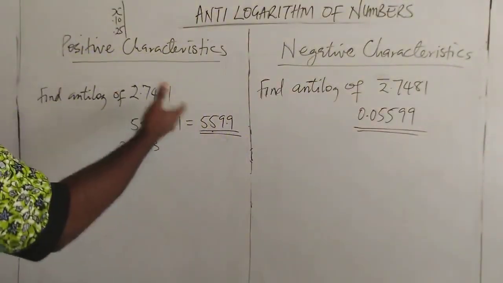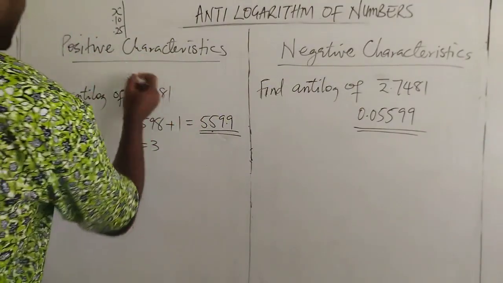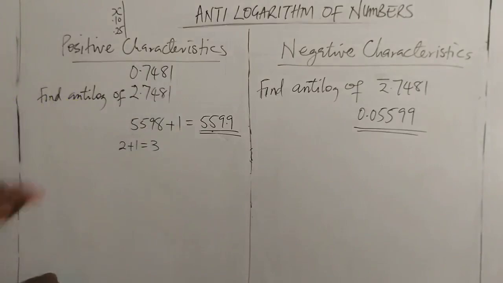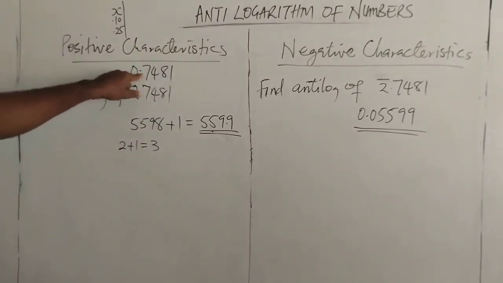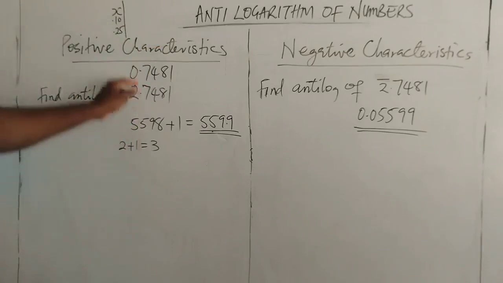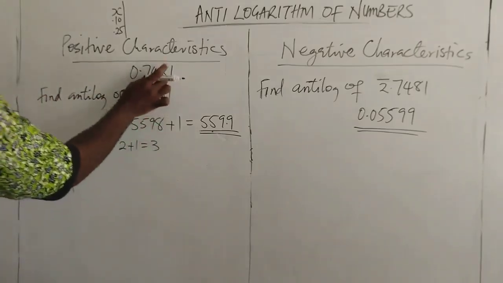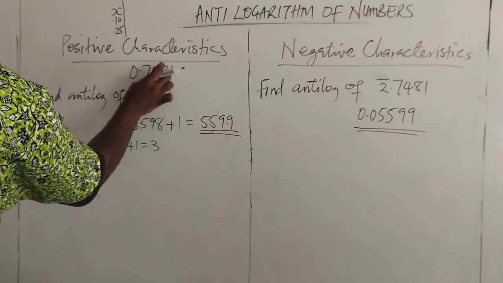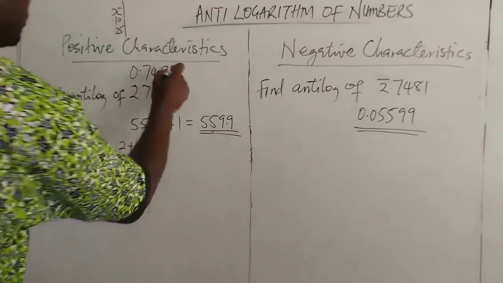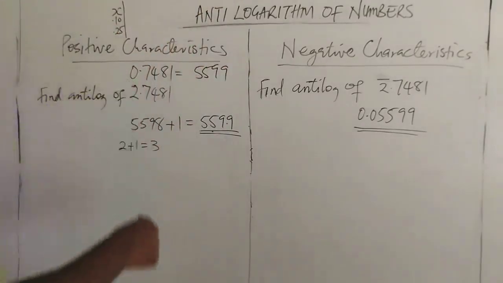If you look at this one, like I said, positive characteristics. Please take note, numbers like this are also inclusive. Any number that is 0 point something is also part of the positive characteristic. The same thing. So for a number that is 0.7481, after checking the mantissa on the 4-figure table, which will give you this, the characteristic is 0.